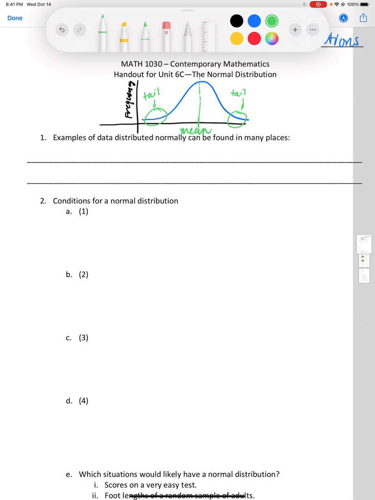You can have data about attributes about people or objects. So for example, people: if you find the heights of the average adult, or all adults, things like that, adult heights, baby weights.